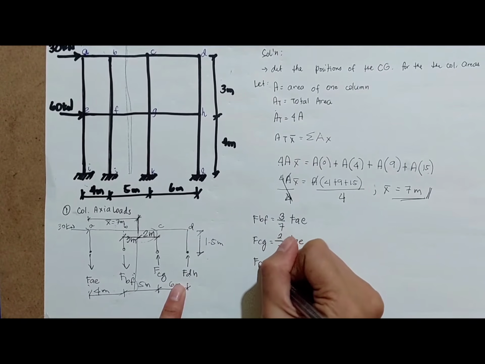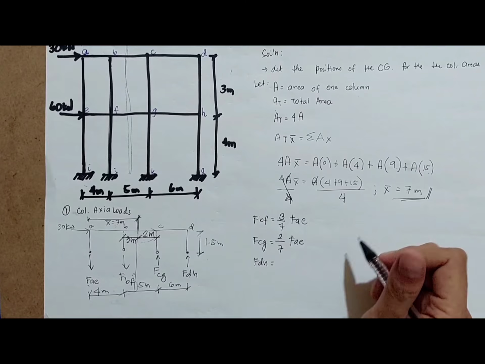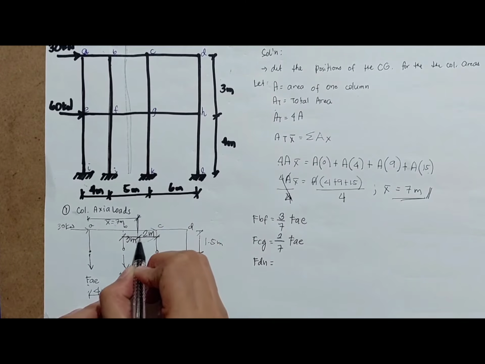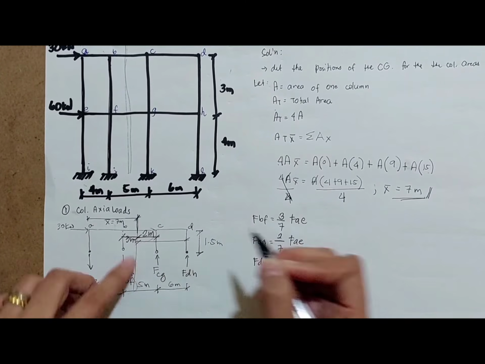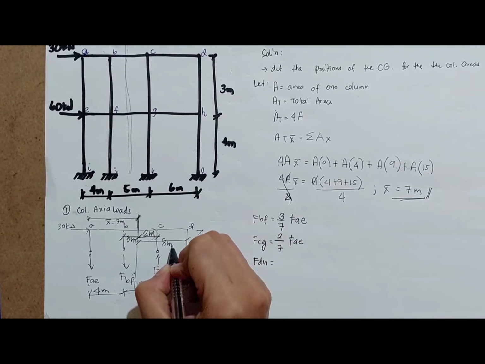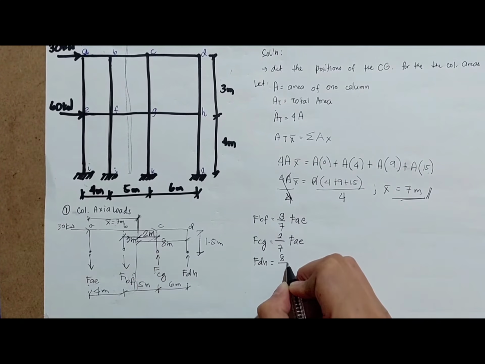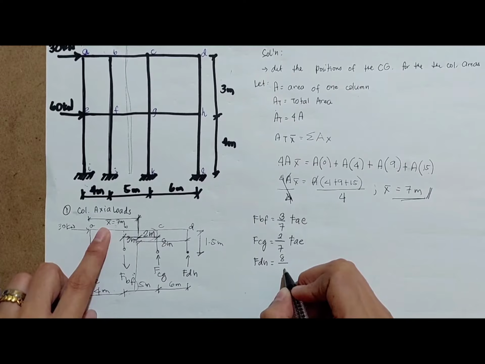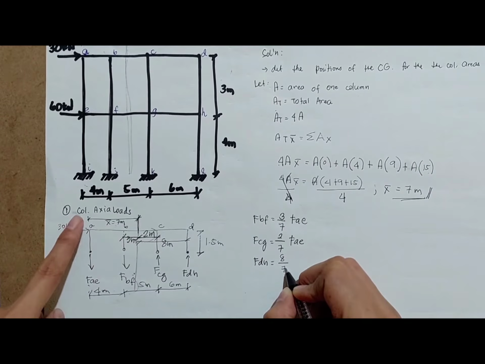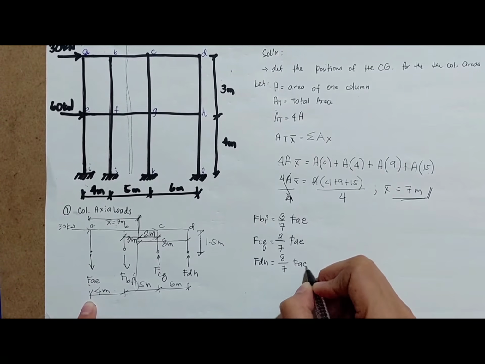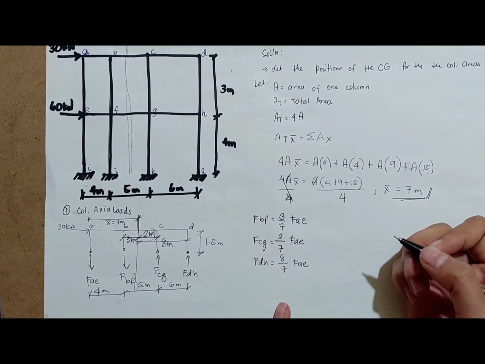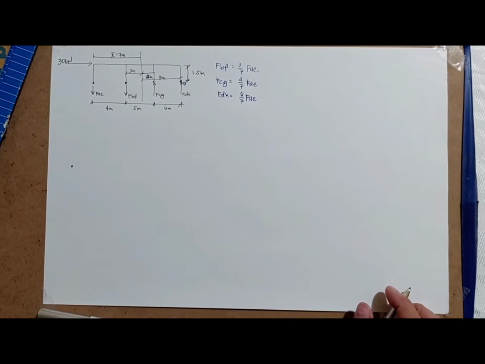Next, here we go to FDH. For FDH, same again. Let's take this: 2 plus 6 is 8 meters. And the denominator is always our X bar, which is 7. We just put FAE. So, as you can see, everything is in terms of FAE.